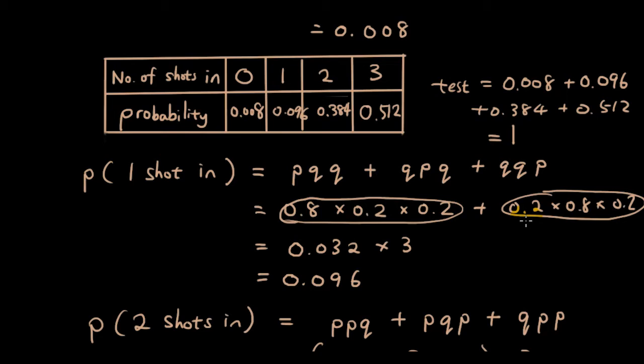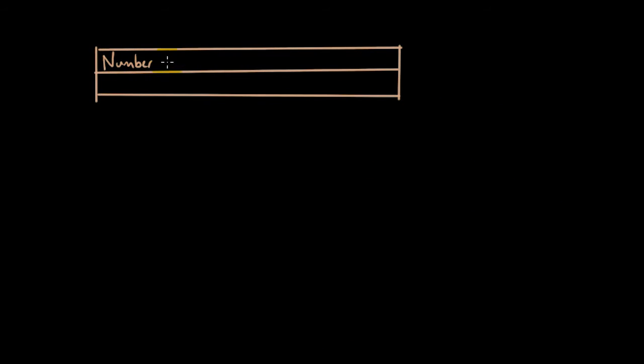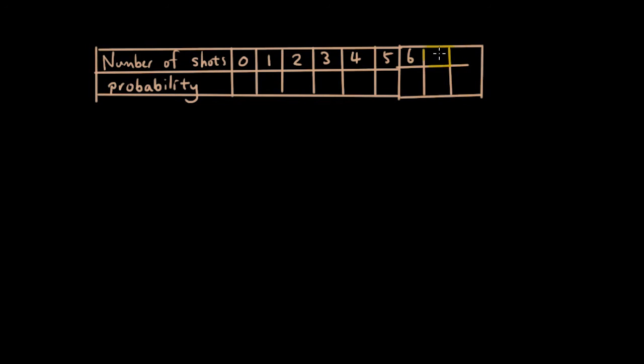Okay, but what if we were in a situation where we took, for example, 8 shots? Now, it's going to be a little bit harder to fill out this table, because let's say I want to know the probability of getting 3 shots in.